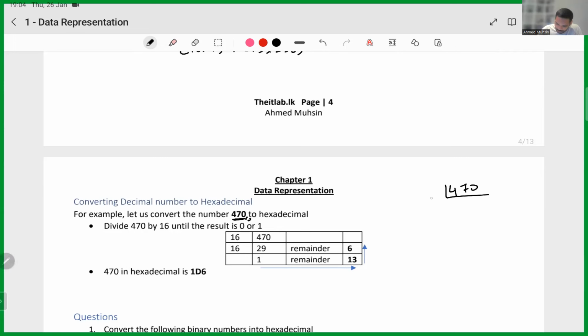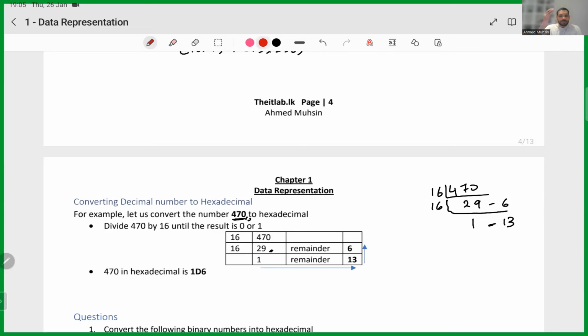So 470 divided by 16 is equal to 29, and there is a remainder of 6. Then, in 29, how many 16s are there? There is 1, and there is a remainder of 13.